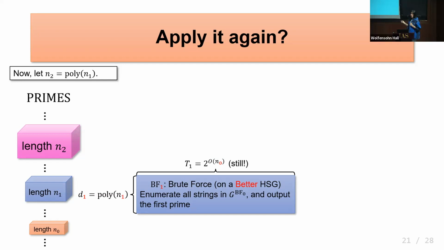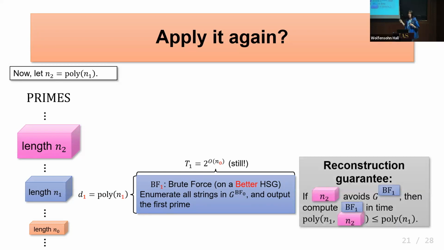The hitting set generator is the Cantor generator on brute force 0. So using what we already constructed, we now have a 2 to N0 time and poly N1 depth algorithm for constructing some canonical prime on length N1.